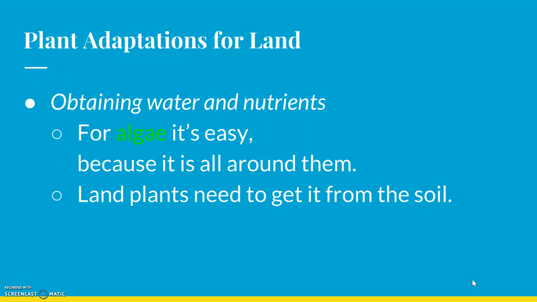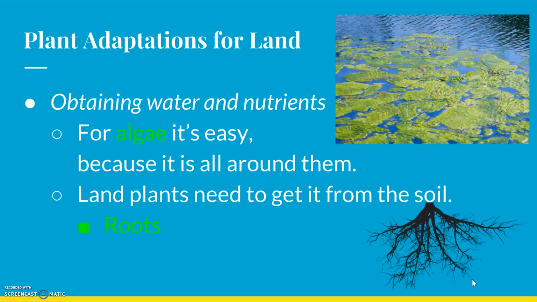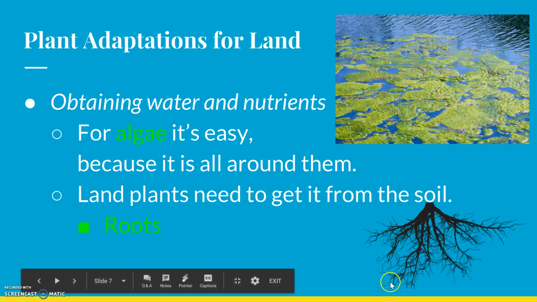When we do this, we dump that water down into the soil, and the plant uses its roots in order to grab that water. So up top you can see algae. That algae is just floating on top of the water. If it's thirsty, guess what? It gets a drink. And then down here you can see that the roots are what's responsible for grabbing the water for land plants.